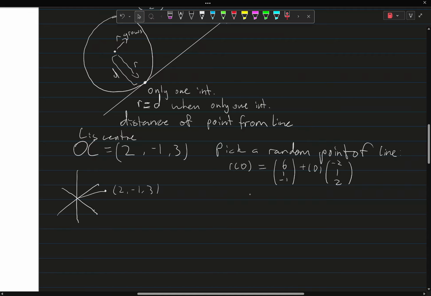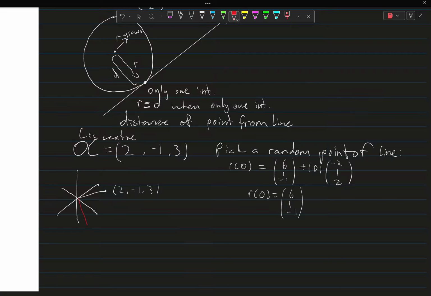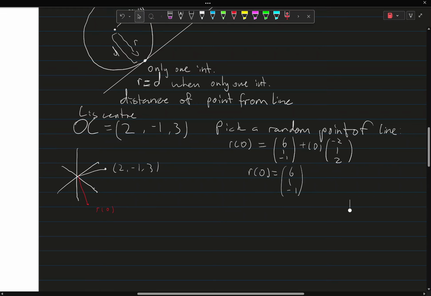So r0 will be just 6, 1, -1. And let's say that is over here. Now, what we need to find is the vector from R0 to the center, from R0 to OC.